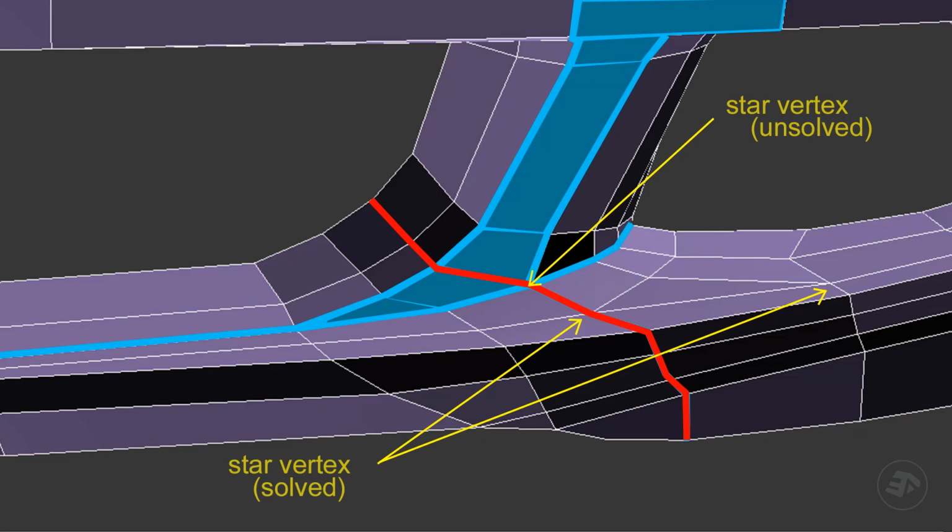We need to solve this star vertex in order to correct the flow direction. I will also solve one of those surface star vertices during optimization, and I will leave the other to the Turbo Smooth modifier. If you completely understand this, you will start to see things from a different perspective.